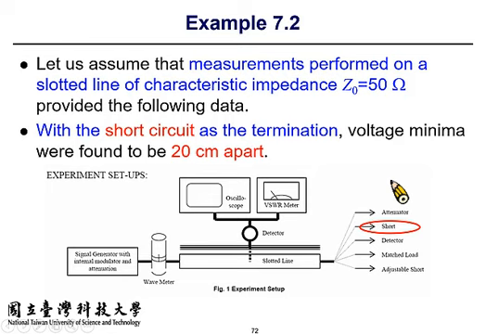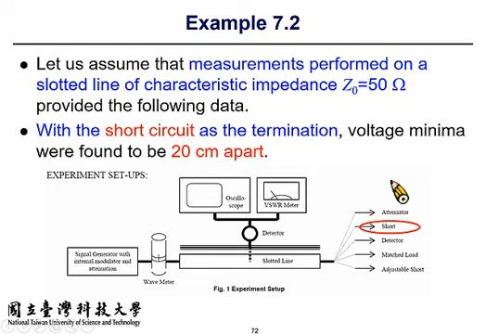And by finding the distance between successive zero voltage positions, you can find out the wavelength of the incident wave. In this experiment, the problem says that the voltage minima are found to be 20 centimeters apart. So what is the wavelength?